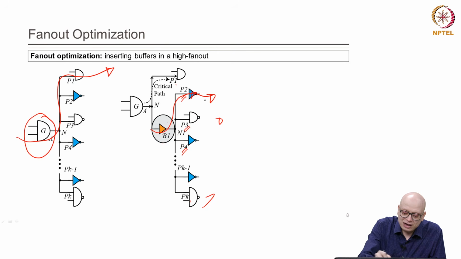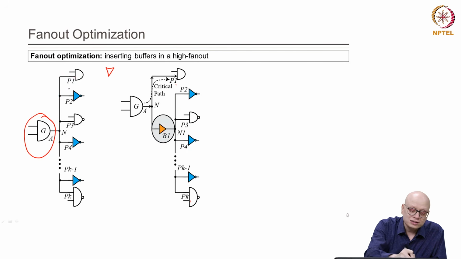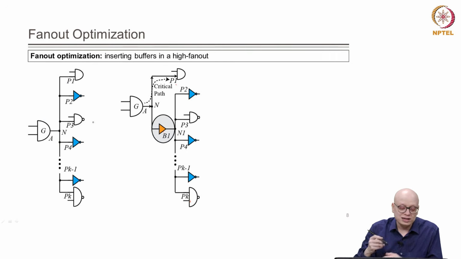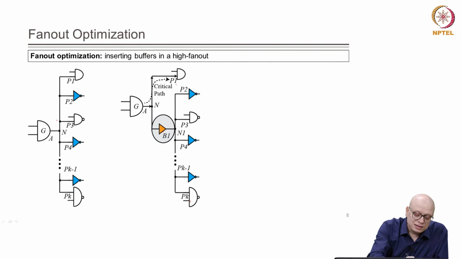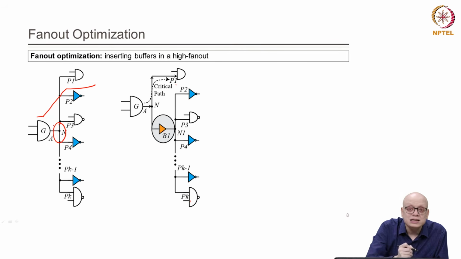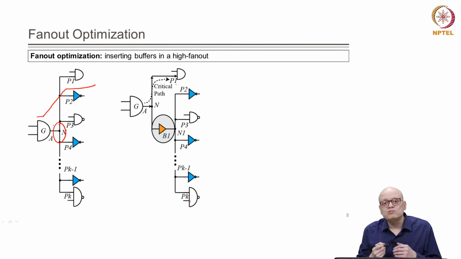Now, this high fan out net optimization can also be done to fix the load violations and also slew violations. For example, assume that the output slew of the gate G was very high. It was rising very slowly, such that the max transition violation was there on this net, or the load that was driven by G was so high that the max capacitance violation was encountered by G. Now, in that case what to do?